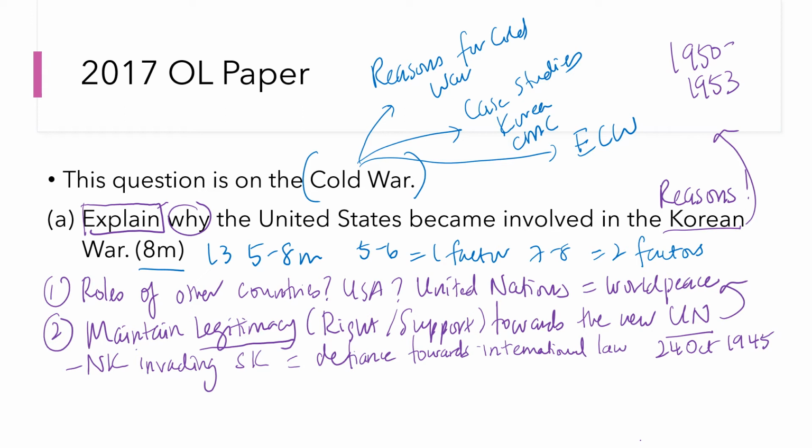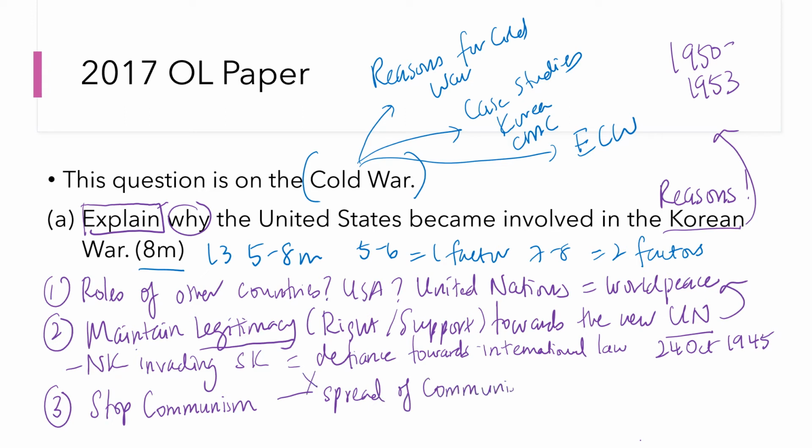Now, the other thing is, of course, the most common one, all right, would be USA was involved because they wanted to stop communism. Agree? All right, and it was literally because specifically they needed to stop the spread of communism.